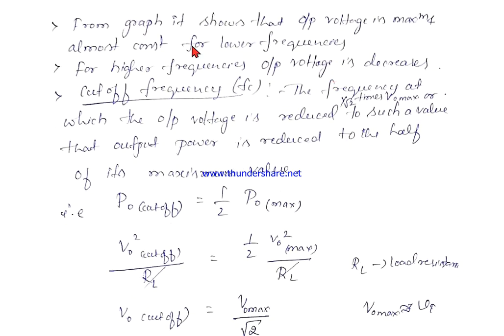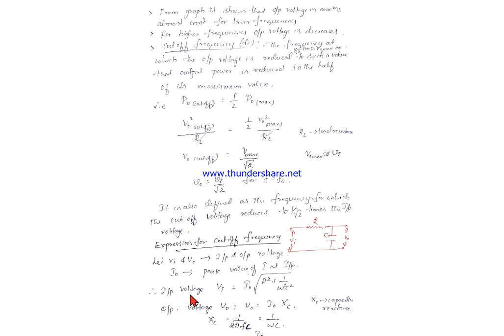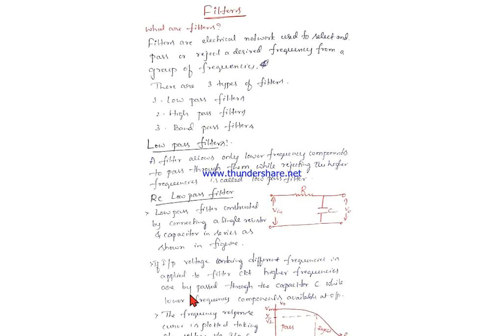From the graph, it shows the output voltage is maximum and almost constant for lower frequencies.